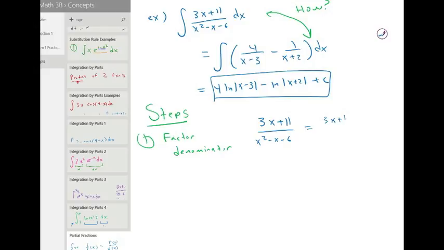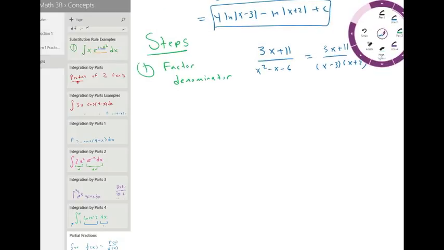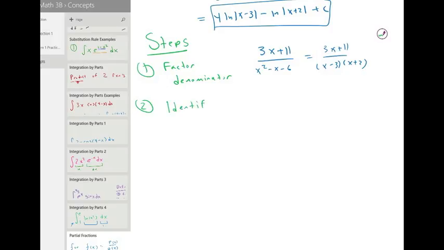You can see that this bottom can be factored into x minus 3 and x plus 2. So that's step 1.